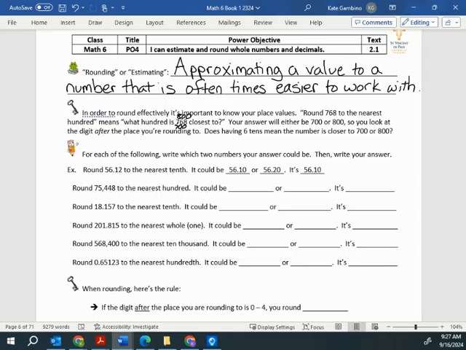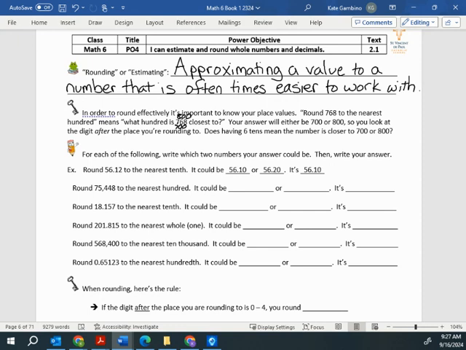So 768, that 68 is closer to the next 100 than it is to 0. So that 6 tells us we're rounding up. 768 would round up to 800 as opposed to going down to 700. Does that make sense? So does having 6 tens mean the number is closer to 700 or 800? We just worked through that.